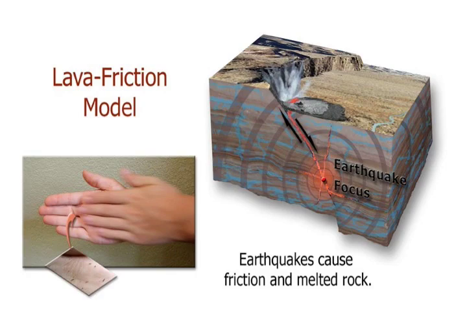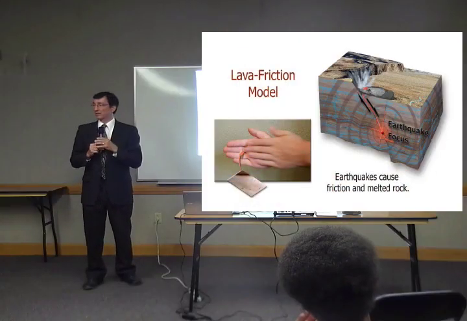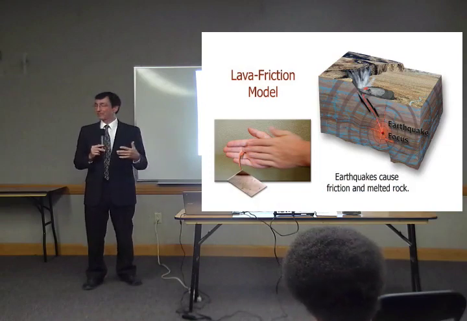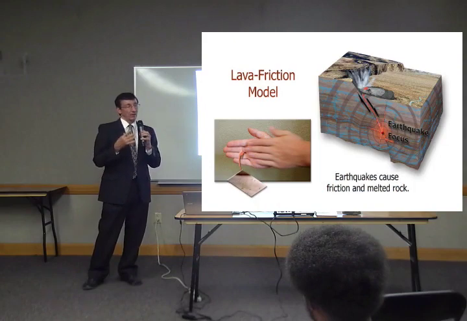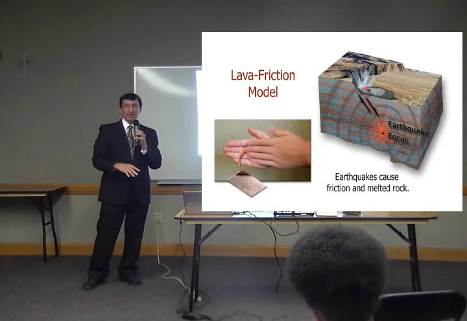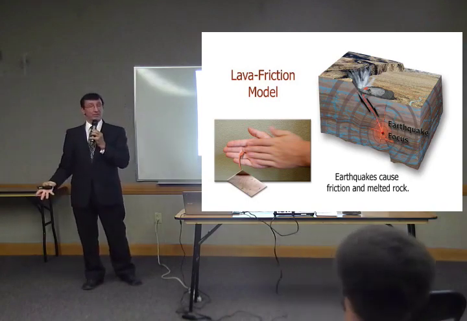One of the reasons this is important is because 200 years ago, when the magma idea was starting, people were starting to talk about it, there were two sides. There was the volcanist who thought there was magma inside the center of the Earth, and the Neptunist who thought there was water inside the center of the Earth.